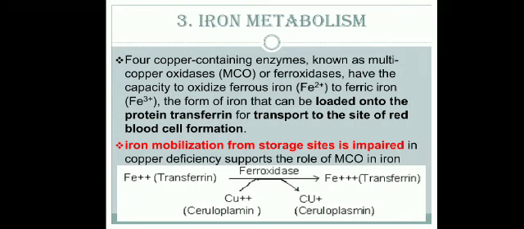Now iron mobilization from the storage site is impaired in copper deficiency, as copper plays an important role in supporting the multi-copper oxidases. Hence, iron accumulation is a major clinical manifestation in the case of copper deficiency.